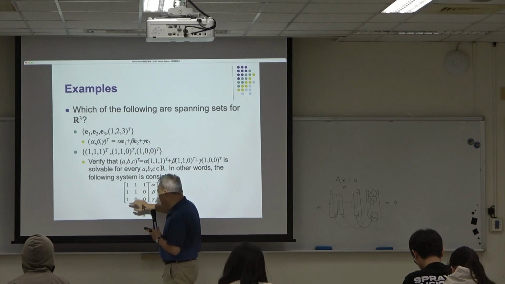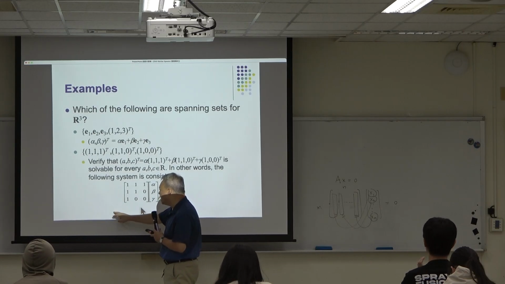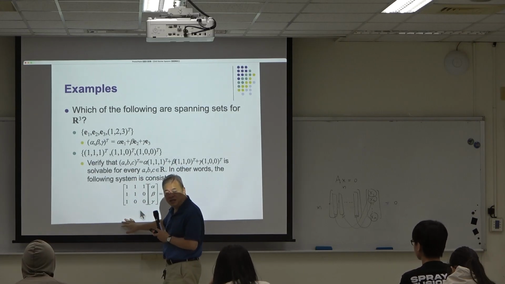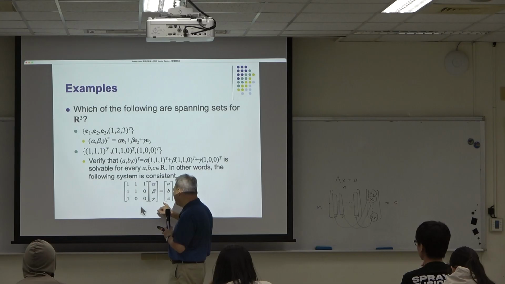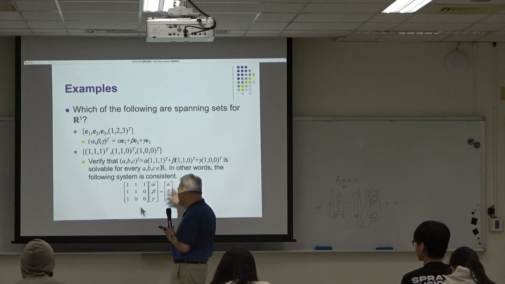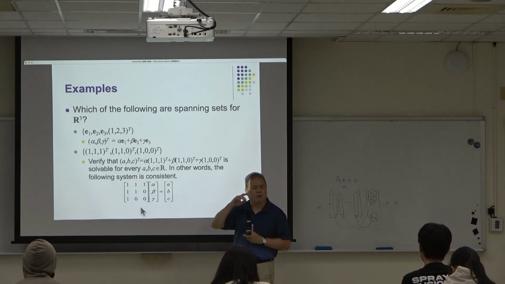Because if it has an inverse, say this is matrix A, then you multiply A inverse on the left-hand side and this thing is gone. On the right-hand side you multiply A inverse with A, B, C. Well, it's going to create something we don't know, but that's not important.